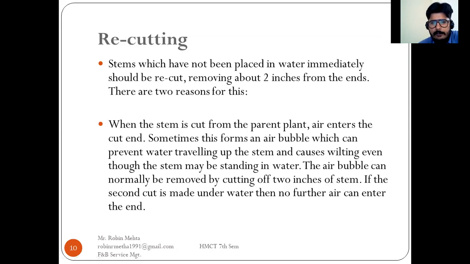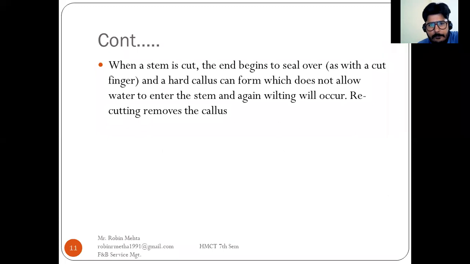And next, when a stem is cut, the end begins to seal over, as with a cut finger, and a hard callus can form which does not allow water to enter the stem, and again withering will occur. Recutting removes the callus. It is the same kind of blockage as an air bubble.